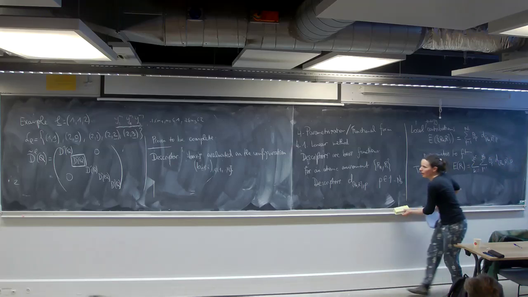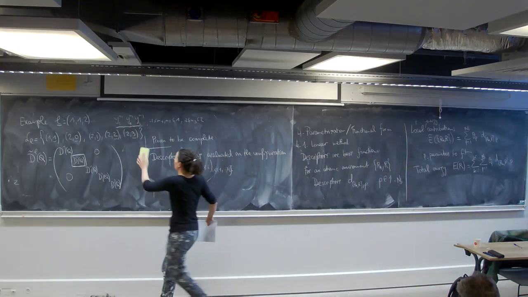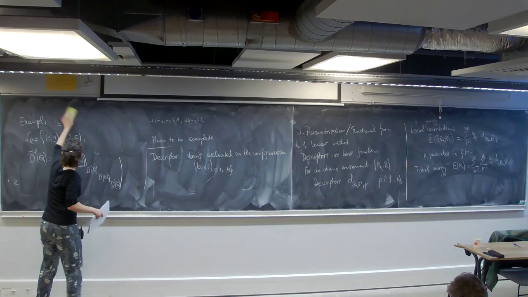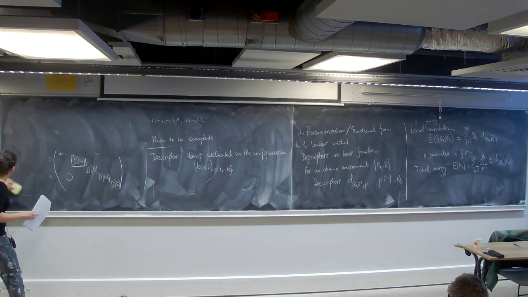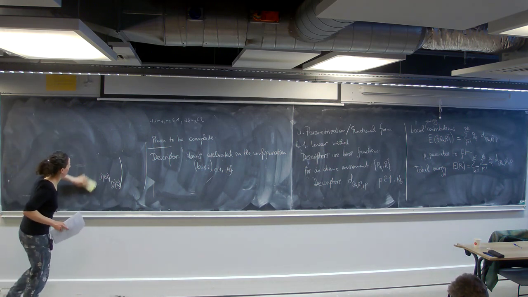Okay. And so then the cost function is typically the mean square error.